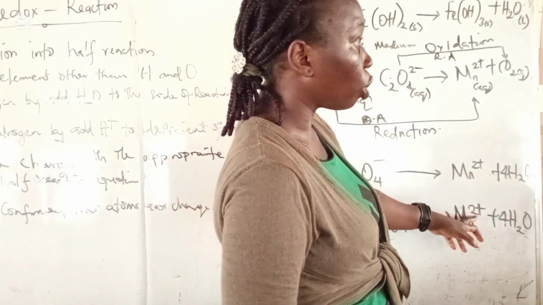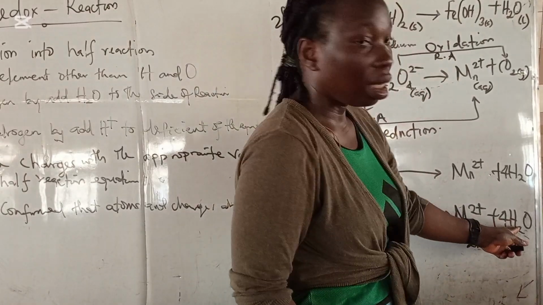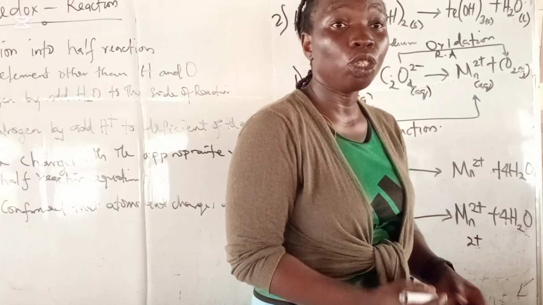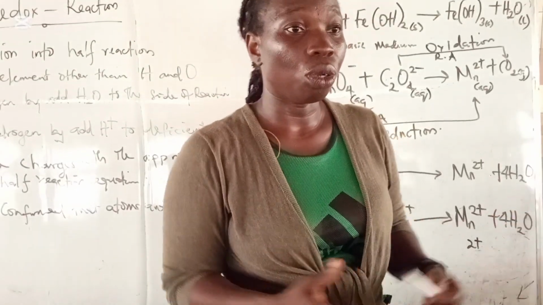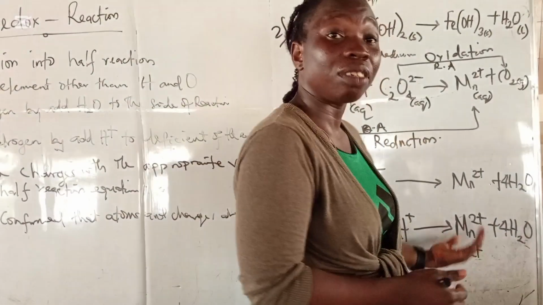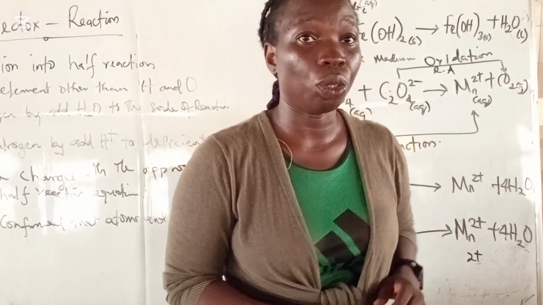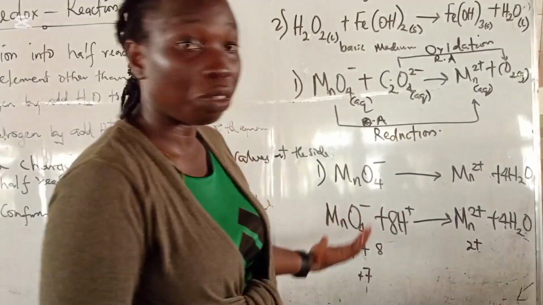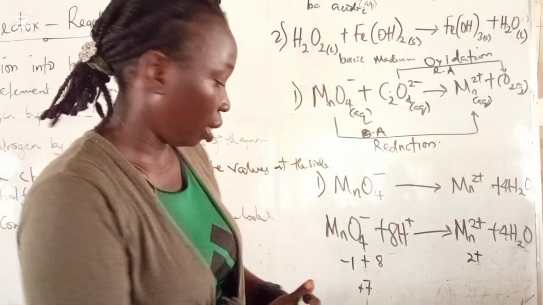Here is 2+. But this place is what? 0. Every neutral molecule has an oxidation number of what? 0. So it means this reaction has to gain 5 electrons for it to be balanced, because it's a reduction, so it has to gain.